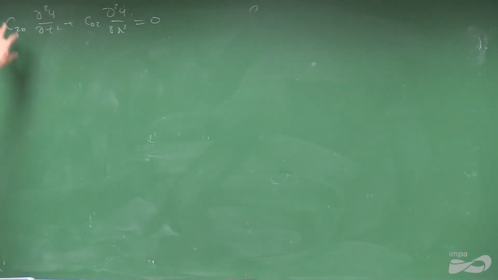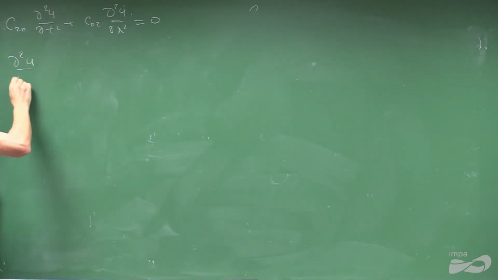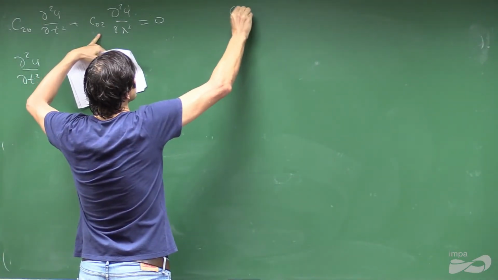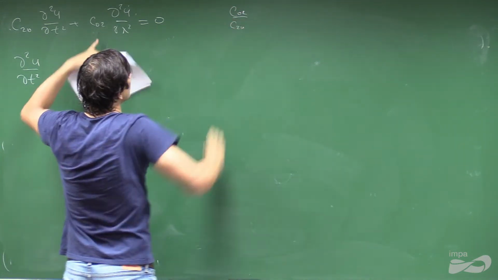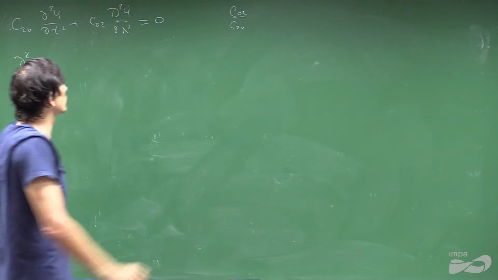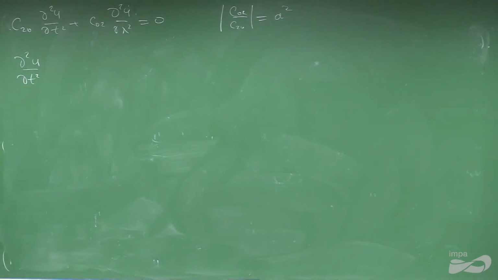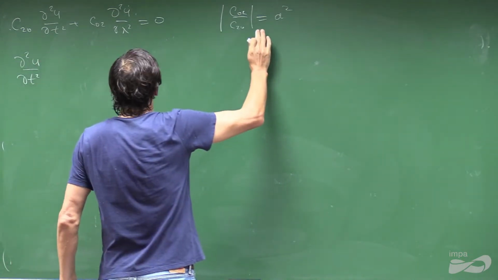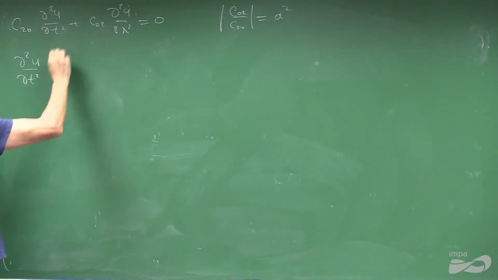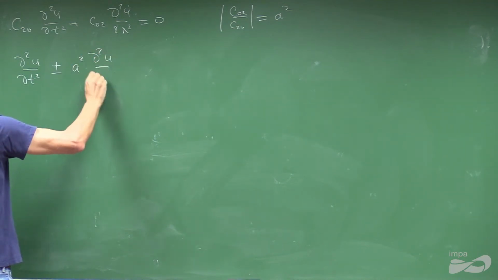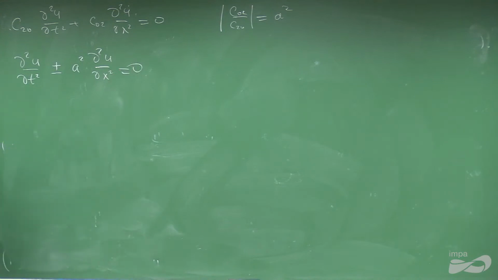So now divide everything by this term. So when we divide, we have C02 divided by C20. We don't know if it's positive or negative, but we take an absolute value and call it a squared. So we don't know the sign, so it's either plus or minus a squared d2u dx squared. So it's almost the wave equation, we just need to decide about the sign.